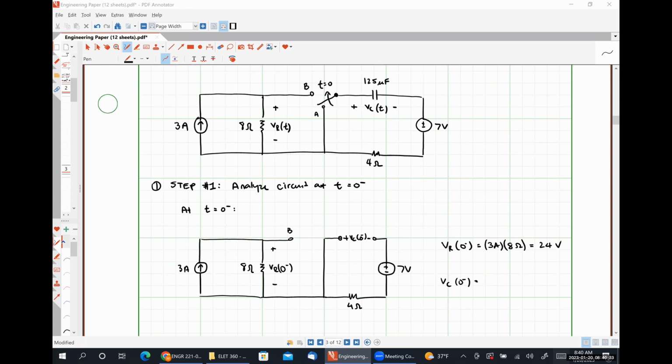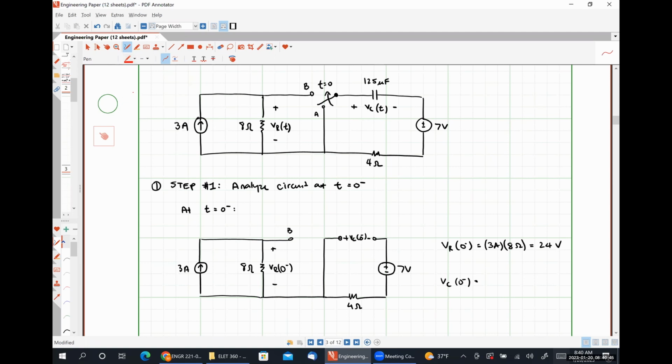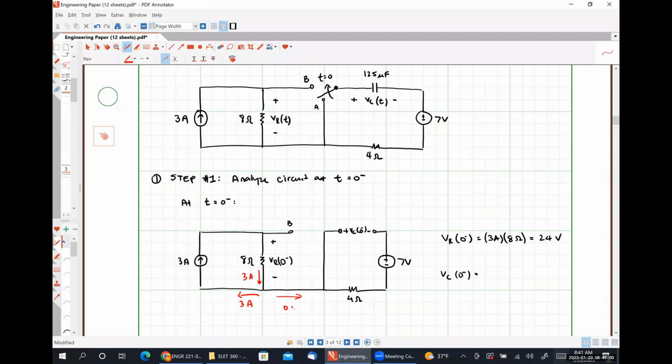So if we apply Kirchhoff's voltage law around this loop, let's talk our way through this here real quick, okay? We know that the current flowing through the 8 ohm resistor is 3 amps, and we know that the current flowing in this direction is 3 amps, which means there's no current branching off from our current source and flowing over to the right-hand portion of our circuit.